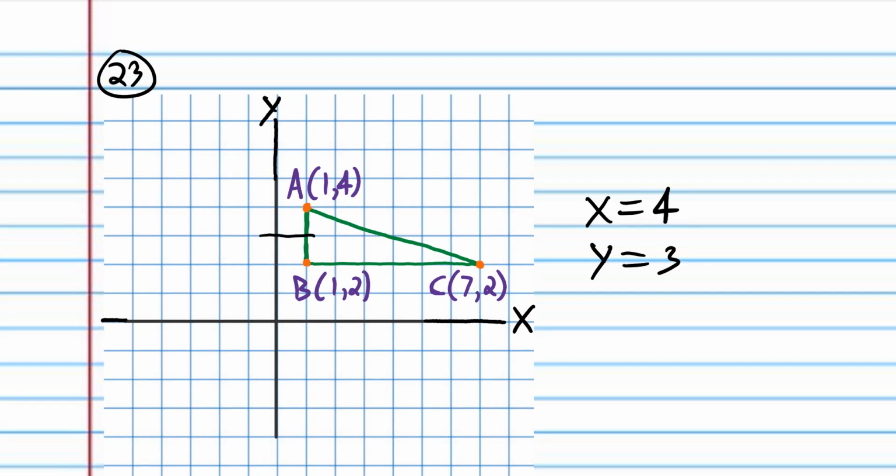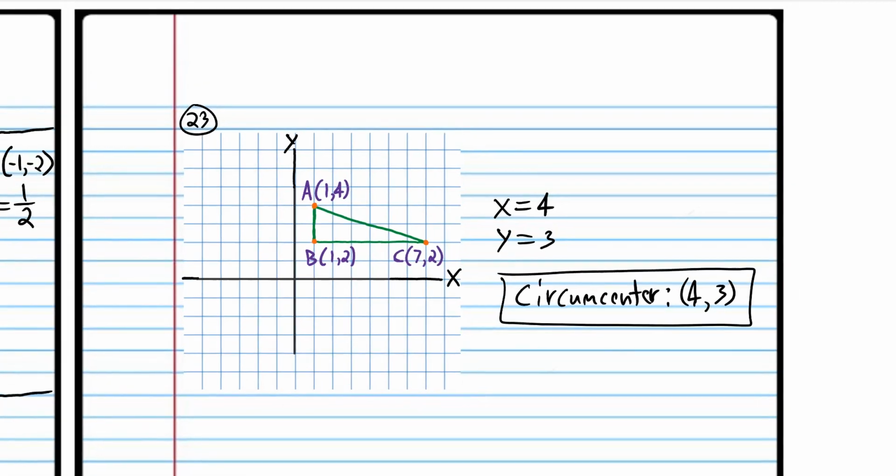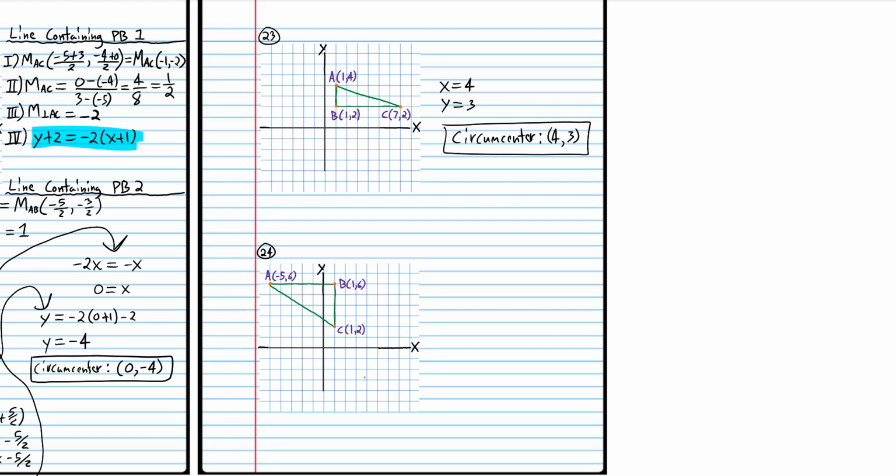So if y always has to be equal to 3 and x always has to be equal to 4, then obviously this intersection point of the perpendicular bisectors is just going to be that point there, which is (4, 3). So that's a real easy problem. The circumcenter is (4, 3). So why don't you go ahead and try 24, and when you come back, we'll do it together.